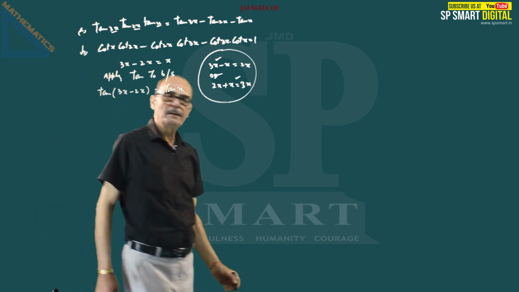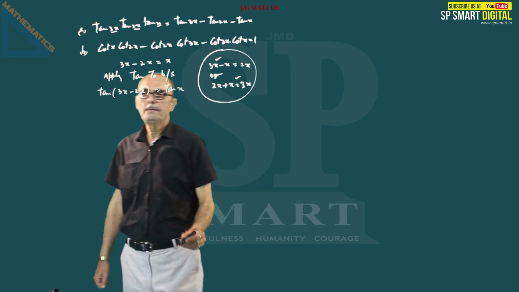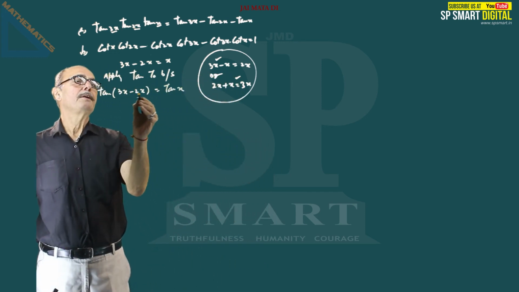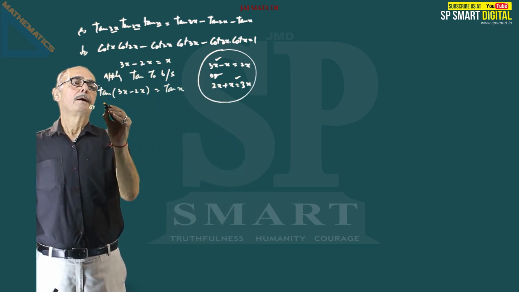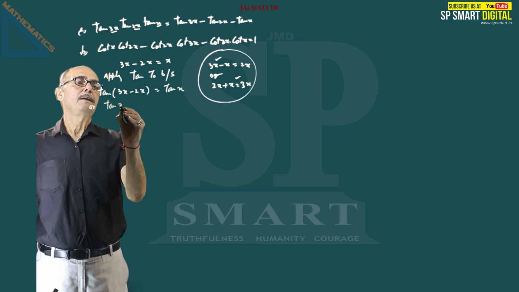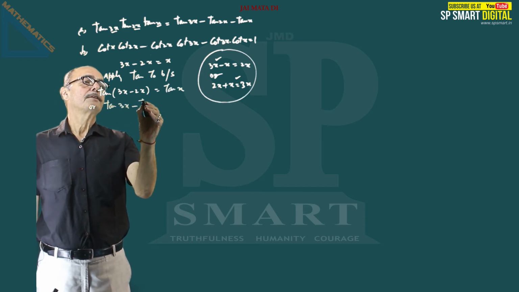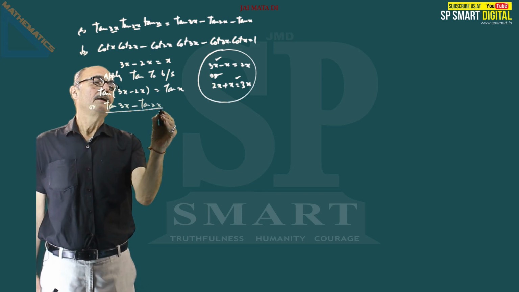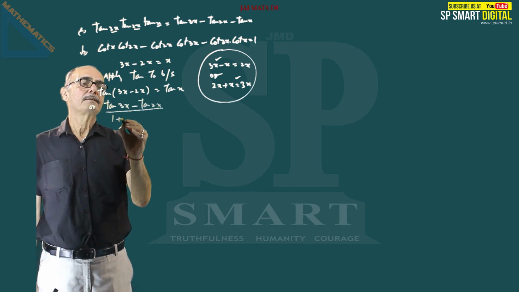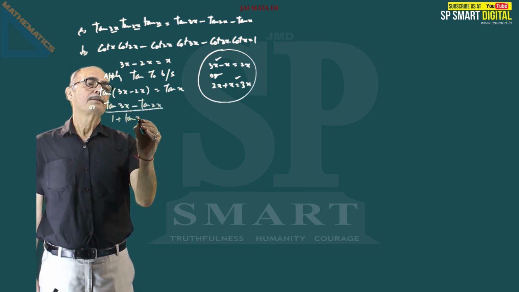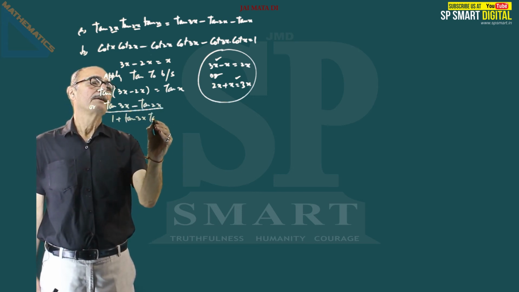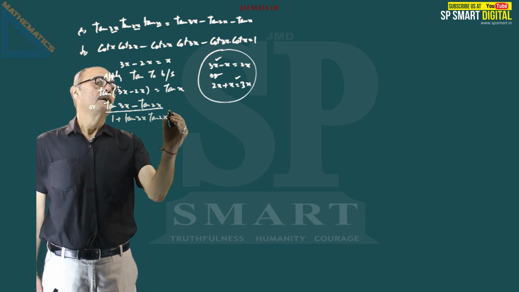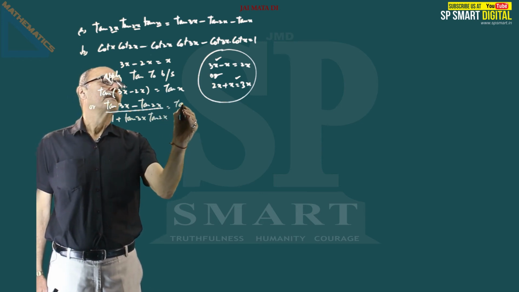On the left hand side, we apply the formula tan of A minus B, or this is tan of the first angle minus tan of the second angle divided by 1 plus tan of first angle into tan of second angle, equal to tan of x.